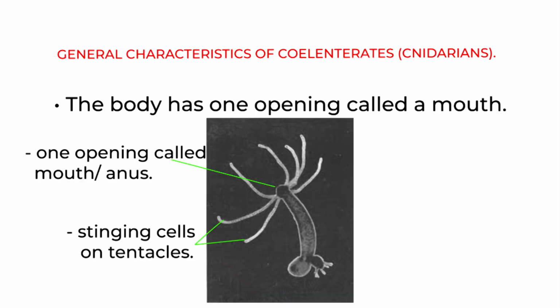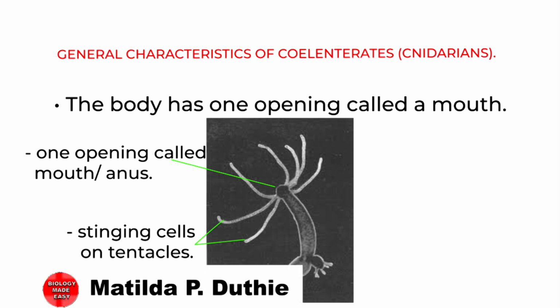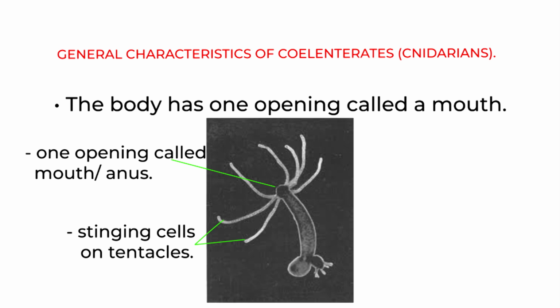and the body has only one opening called the mouth. And you see the hydra, and the mouth has a ring of tentacles surrounding it. The tentacles have stinging cells, which when triggered, penetrate prey and inject the prey with poison, which paralyzes the prey.